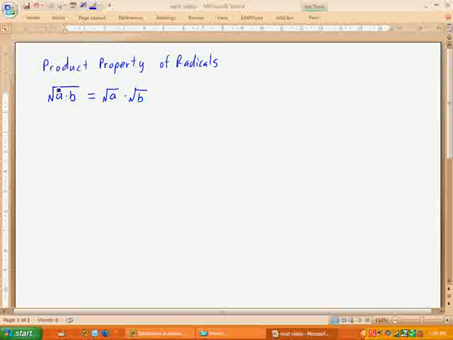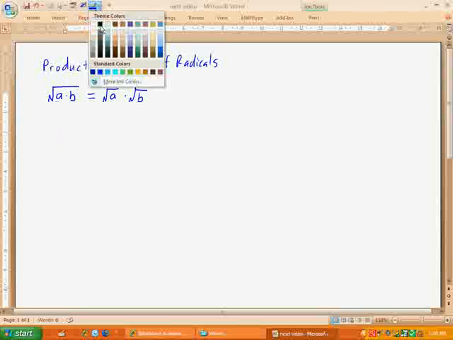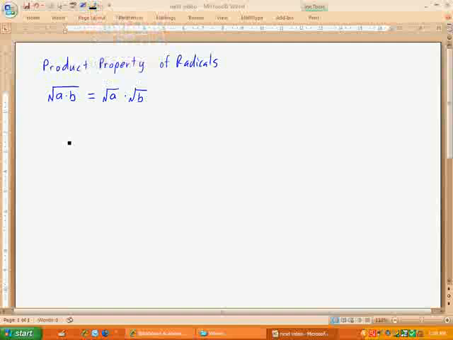If I have the square root of 12, that is equal to the square root of 4 times 3, right?